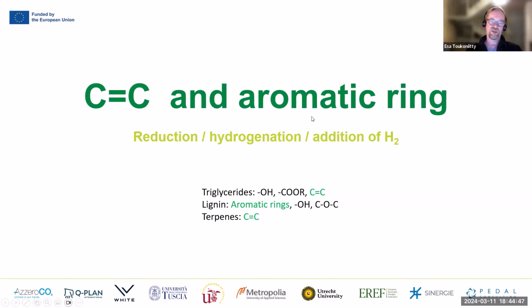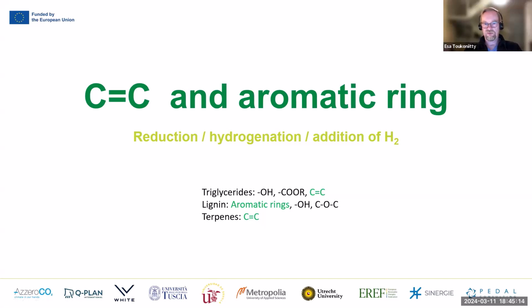Aromatic ring is more difficult to reduce or to hydrogenate, but it's possible with higher temperatures, with stronger, better, different catalytic materials and so on. Also the terpenes that we went through, there is this same functional center that can be hydrogenated.